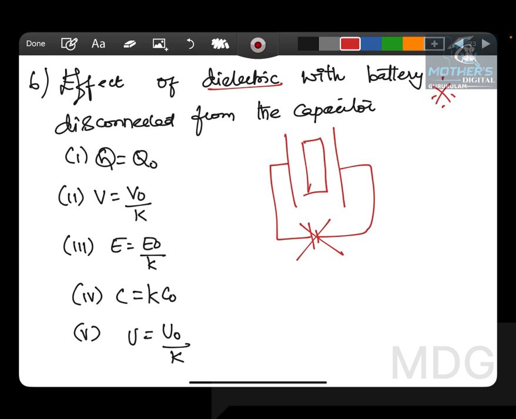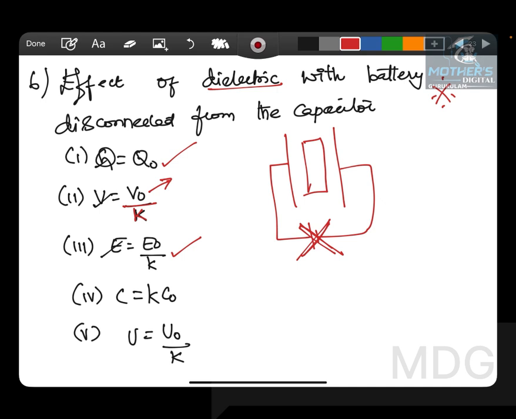In the absence of the dielectric, the charge is Q, the potential is V, the electric field is E, the capacitance is C and the energy is U. After inserting the dielectric slab, the charge remains the same. The potential difference will be reduced by a factor K, where K is the dielectric constant.